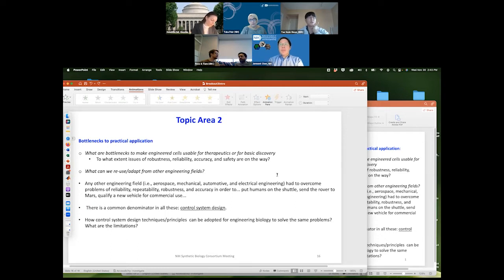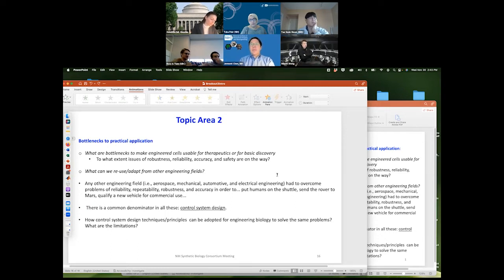Mutation is always making us struggle, but at the same time, we could use evolution to generate more diverse circuits. In that way, we could benefit from that. But still, at the end of the day, the stability of the genetic circuit always suffers from mutation.